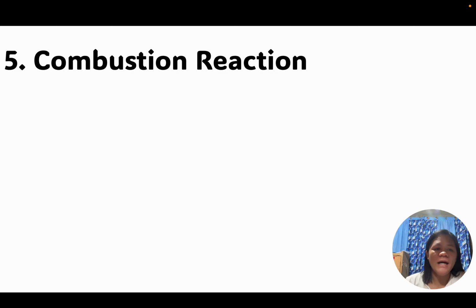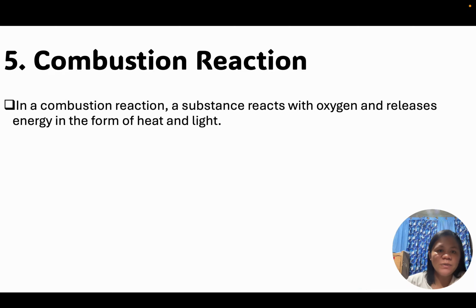The fifth one is combustion reaction. In a combustion reaction, a substance reacts with oxygen and releases energy in the form of heat and light. Okay? So, combustion. So, sunog, no? Fire, heat.